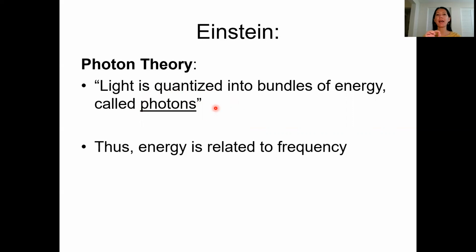Maybe it's like this pellet or particle, a little photon that's shot, and like billiard balls kicking out an electron from that metal surface. But overall, Einstein relates light to being quantized. And then the other thing to always remember is that the light has a certain energy that's related to its frequency.